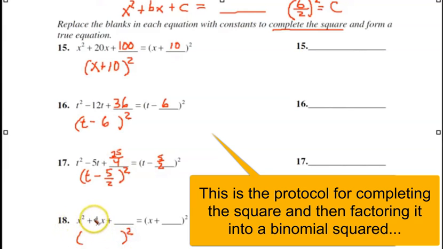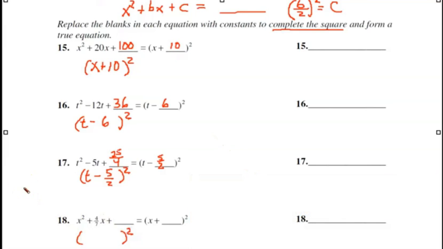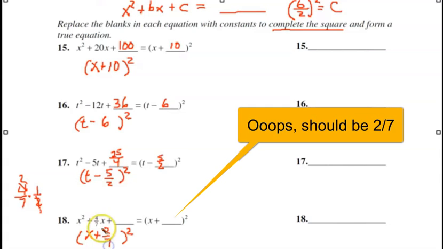Now, what's half of 4 sevenths? And just multiply it by 1/2. Here the 2 can cancel, and this becomes x plus 2 sevenths. Now, square that, and that becomes 4 49ths.